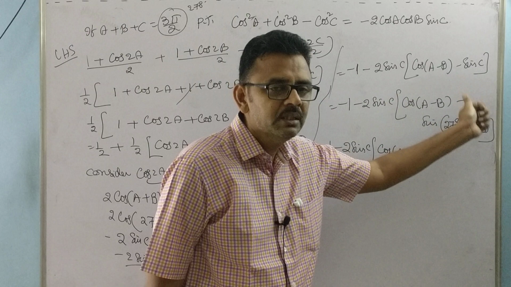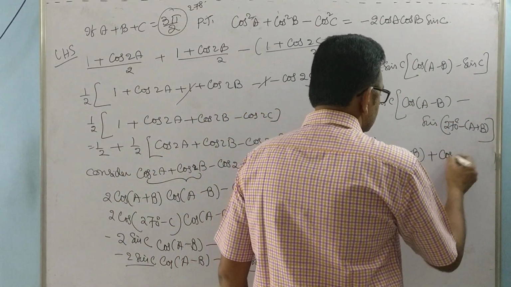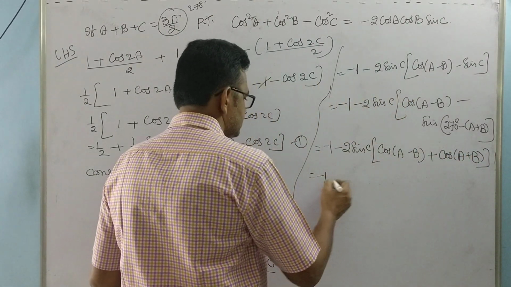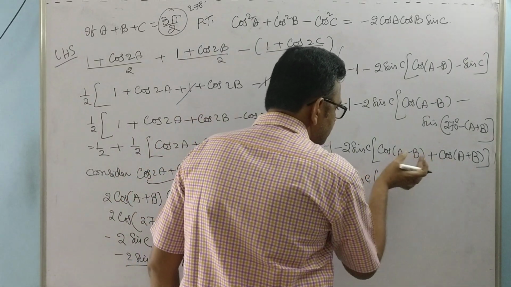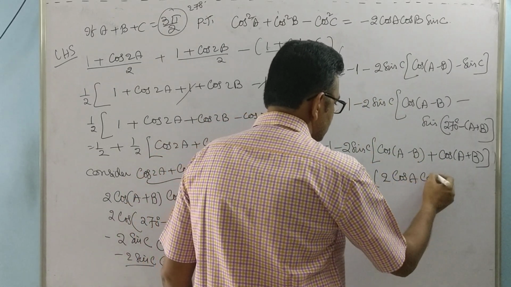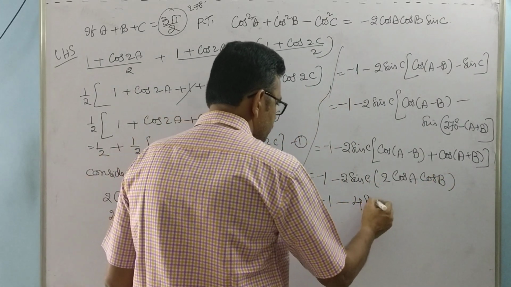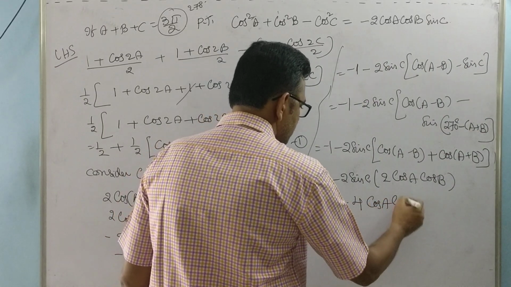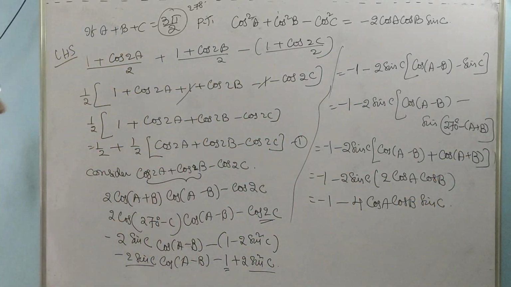Already there is a minus, and minus of minus is plus. So this is cos of (A plus B). That is minus 1 minus 2 sin C into (cos of (A plus B) plus cos of (A minus B)), which equals 2 cos A cos B. That is minus 1 minus 4 cos A cos B sin C.